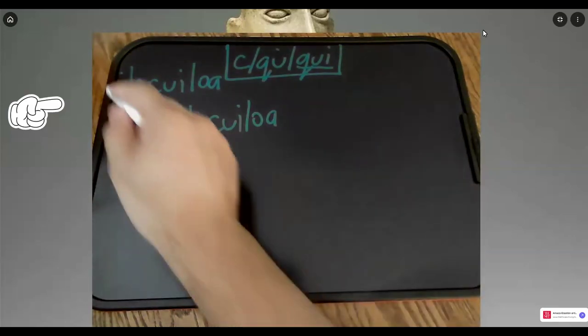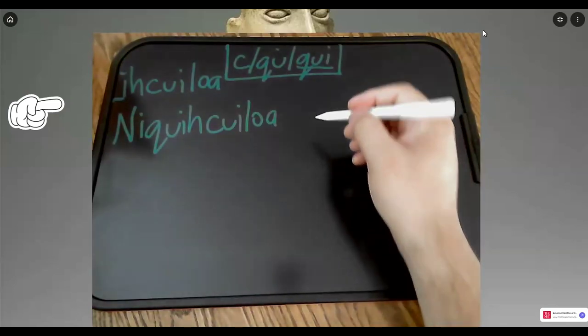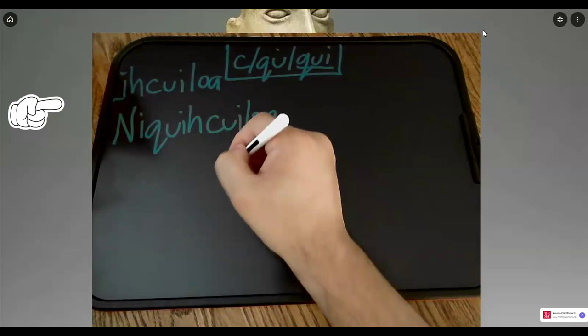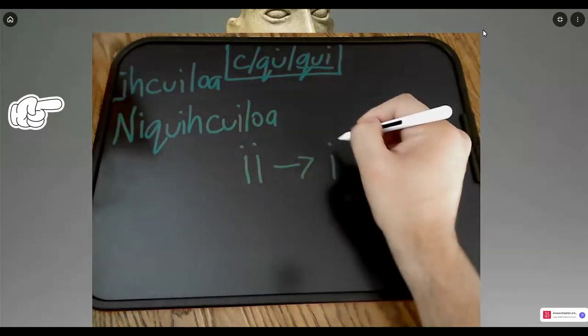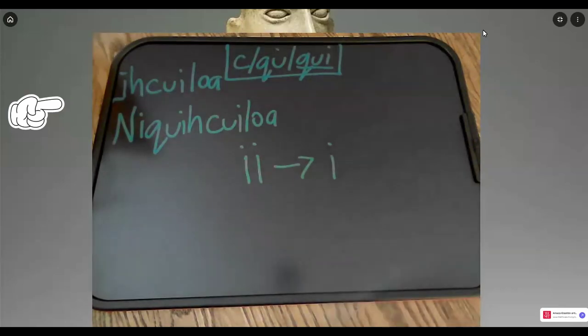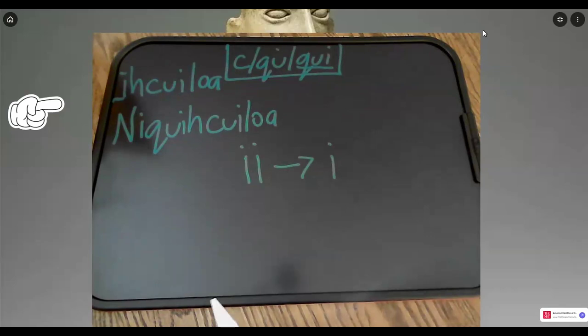You'll be asking yourself, well, the verb starts with an I, and this is a key, right? So another rule is when there's two I sounds, it just turns into one I sound. And that happens not just in Mexicano, but in other dialects as well.